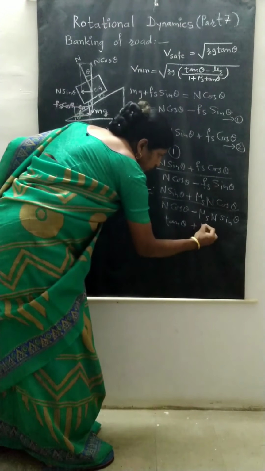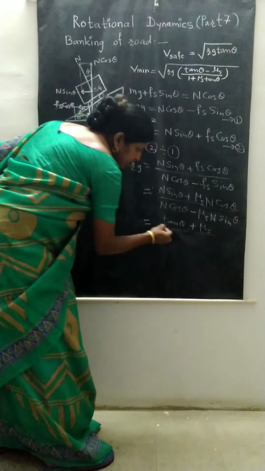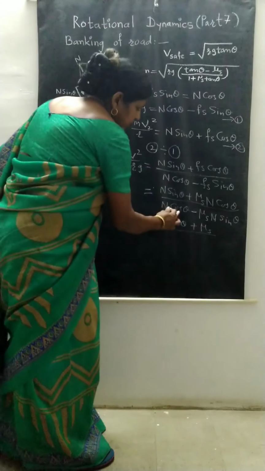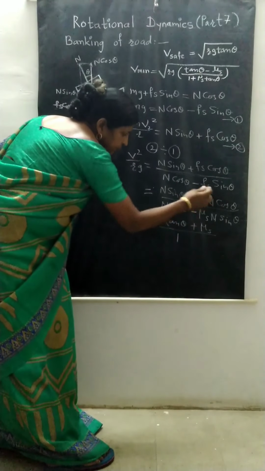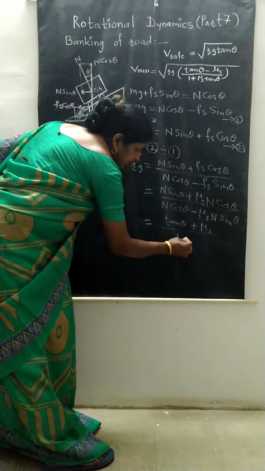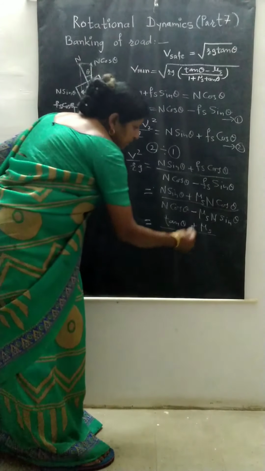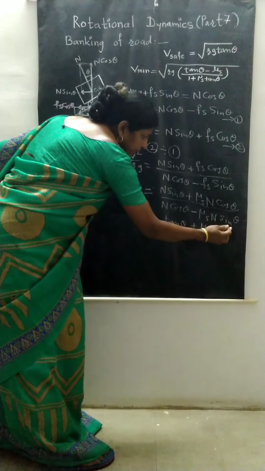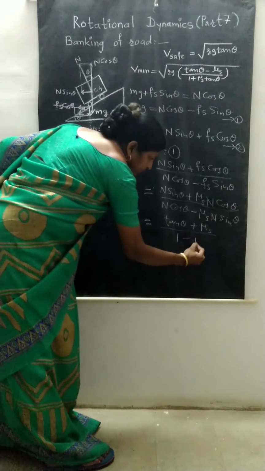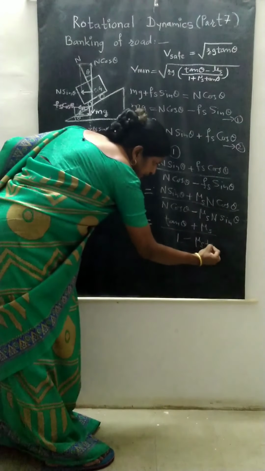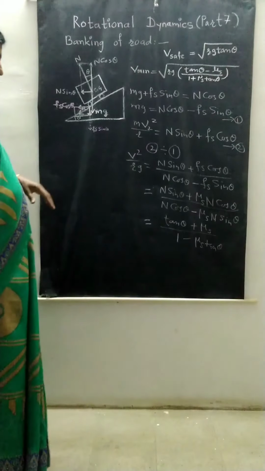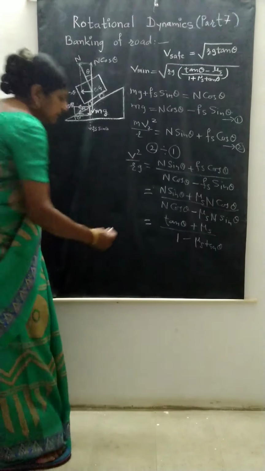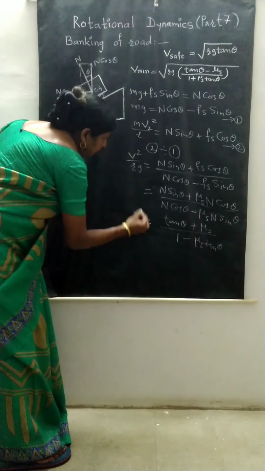So only mu s will be there. In the denominator, 1 minus, now sin theta upon cos theta is tan theta, mu s tan theta. N is common and it will cancel in numerator and denominator. So this is the equation for V.